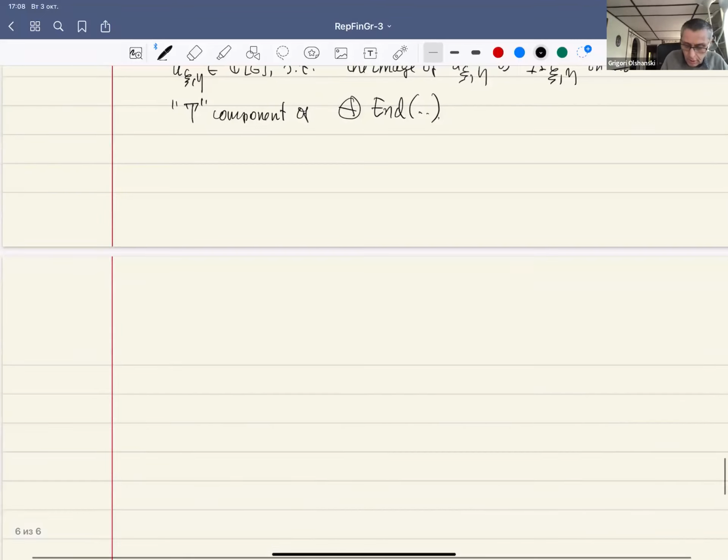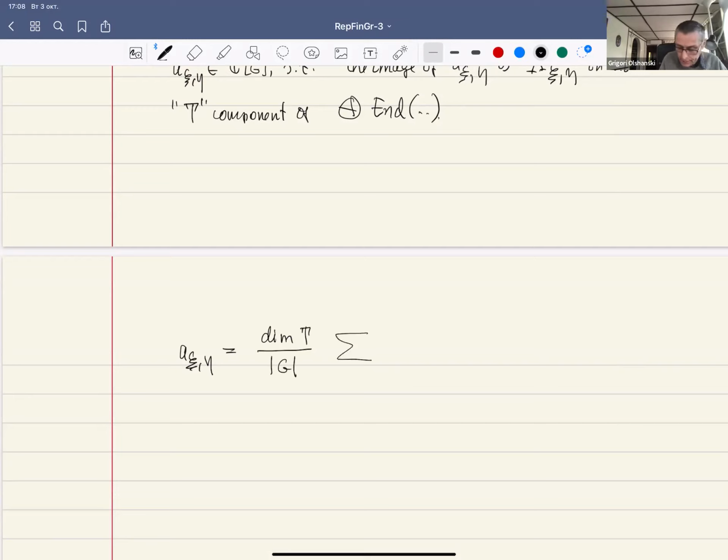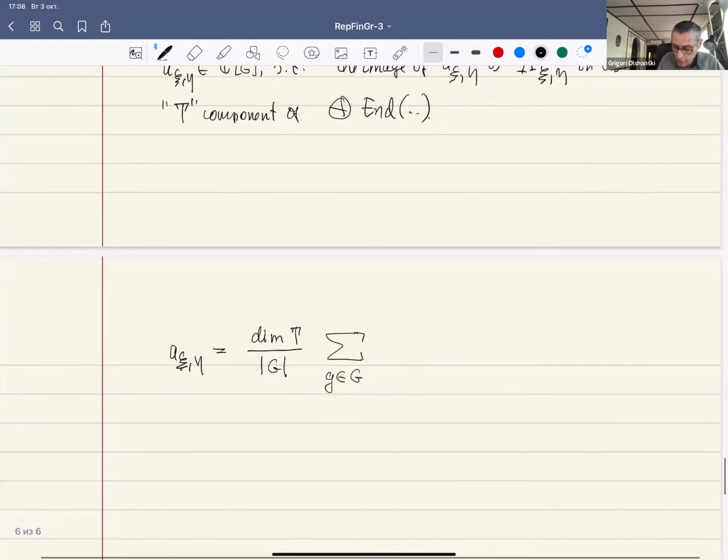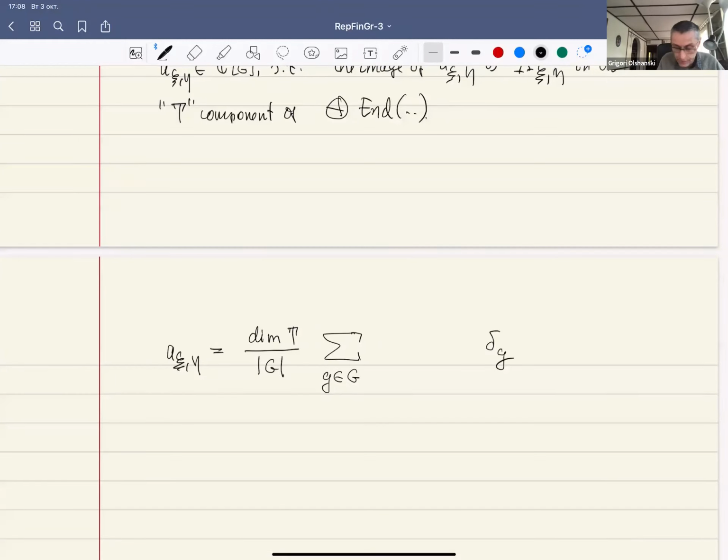It turns out that we have to set as follows. Take the dimension, divide by the order of the group, take the sum over the group elements, take this, and the coefficient is as follows.